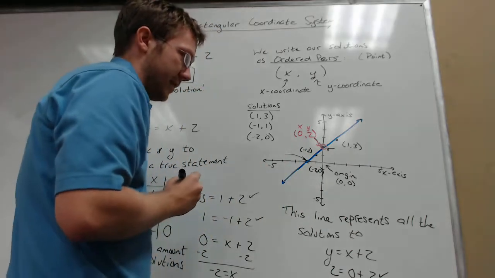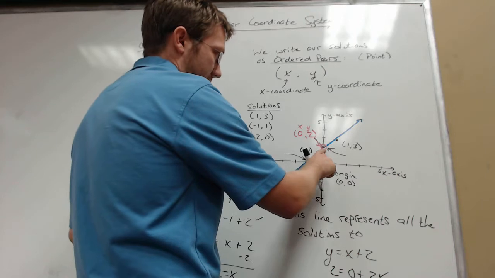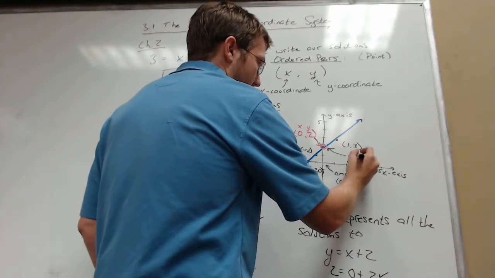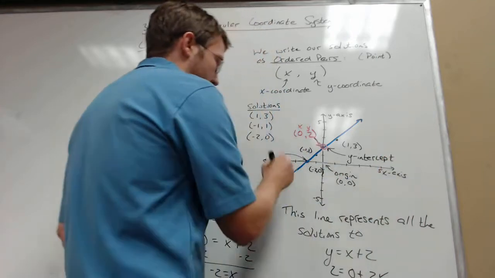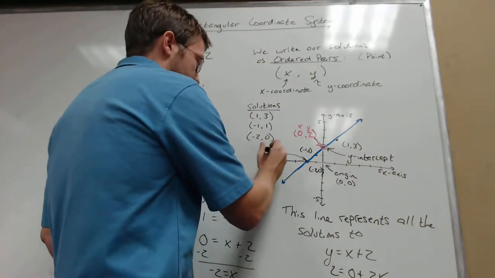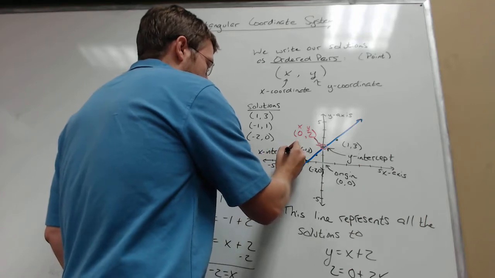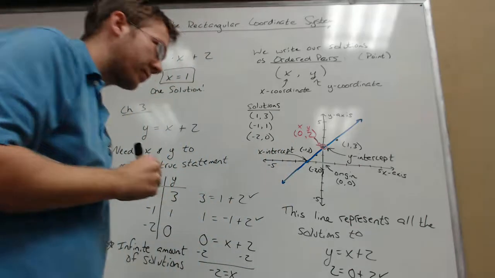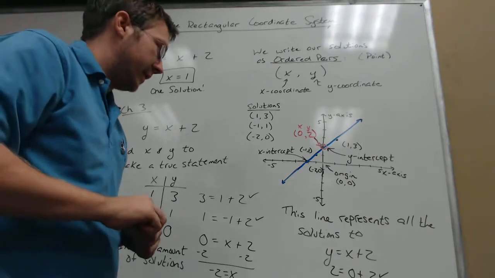We'll revisit these in the next section, but right at the point where your line crosses the y-axis, this is called the y-intercept. And the point where this crosses the x-axis is called the x-intercept. So we'll pick this back up in 3.2.